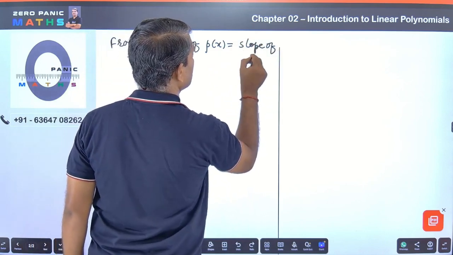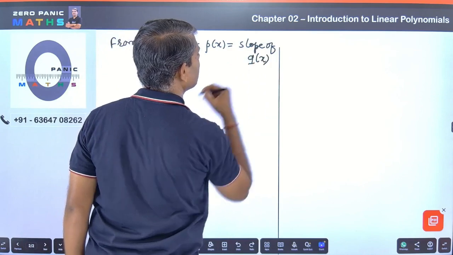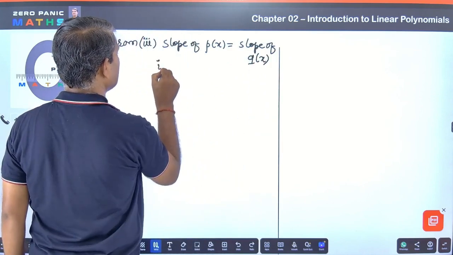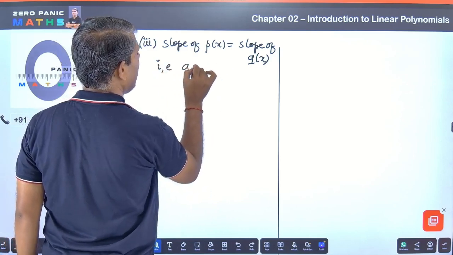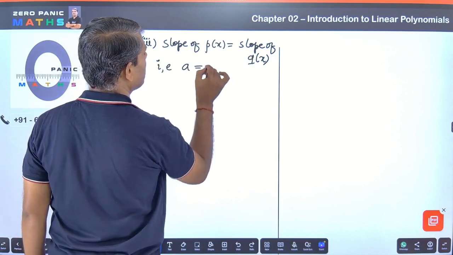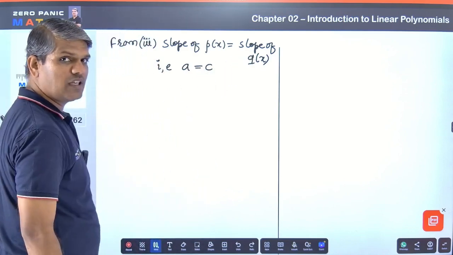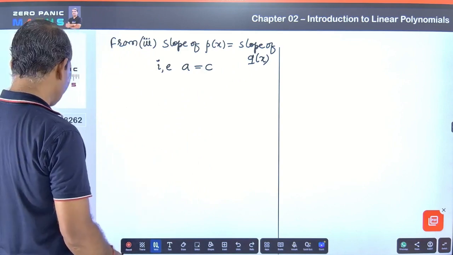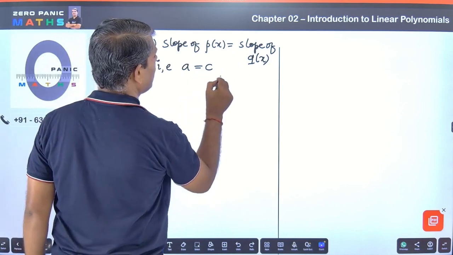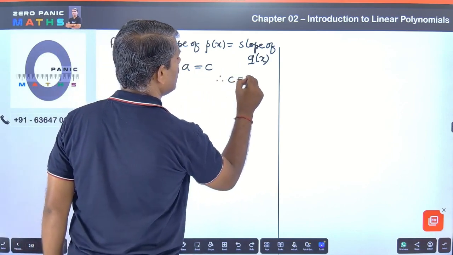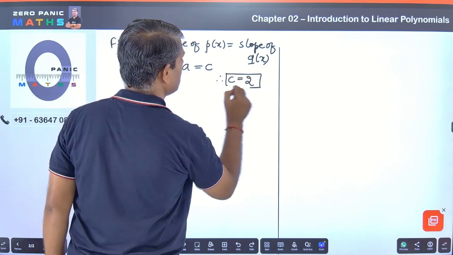Slope of p of x is a and slope of q of x is c, that is a is equal to c, but we know the value of a already, that is equal to 2. So therefore c is also equal to 2.